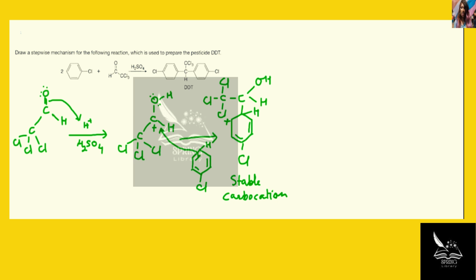After this, it can lose this proton and can form the double bond here, and by this the structure will be one chlorobenzene part is now joined to acetaldehyde, carbon with OH group and hydrogen, and one more carbon with 3 chlorine.